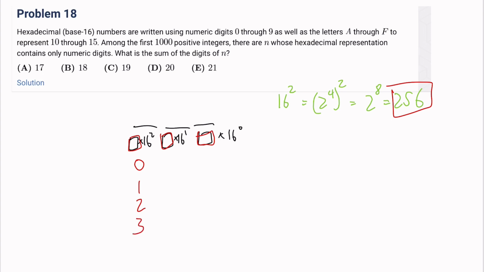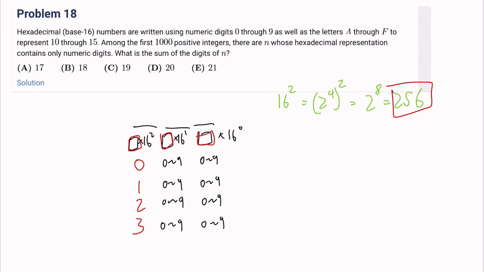And so whether the first is 0, 1, 2, or 3, we can have digits from 0 through 9 here and 0 through 9 here, for every value, right?